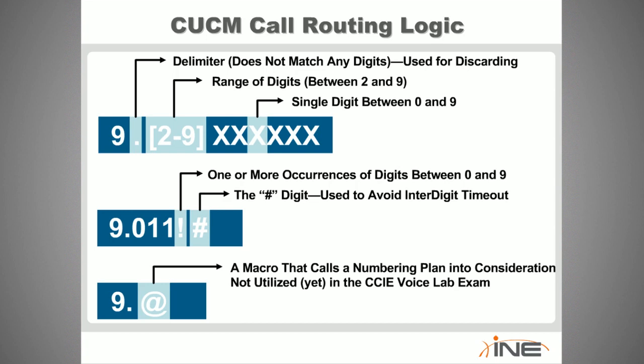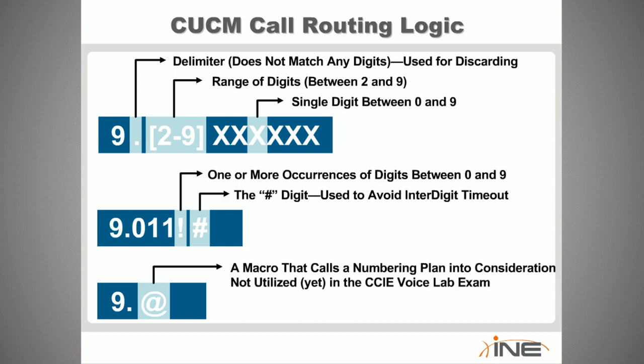So they are fair game. It has been noted that they have not been tested yet. This is about a year after the Voice 3.0 blueprint went into effect, but they very well could be in the near future. So it's important to understand the @ symbol and what it can effectively do. It can call into play a numbering plan.